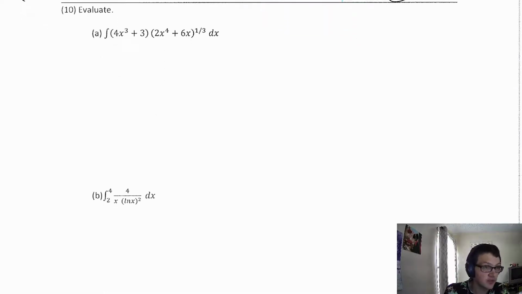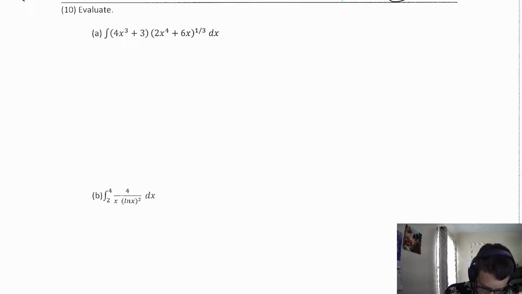Number 10, more integrals. This time, they're complicated looking integrals, so we're probably going to need to use u substitution. All right, let's take a look at this guy. Is there any part of the function whose derivative appears elsewhere? Yeah, and even if you're having trouble finding a part of the function whose derivative appears elsewhere, a natural kind of guess for the u is the part with an exponent in it, if you're dealing only with polynomials.